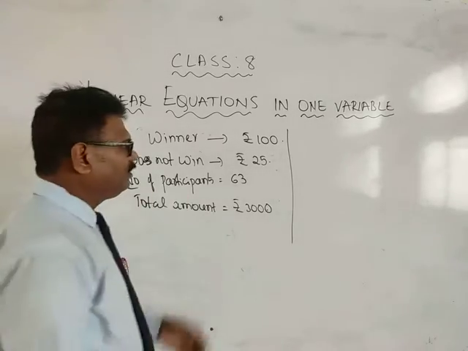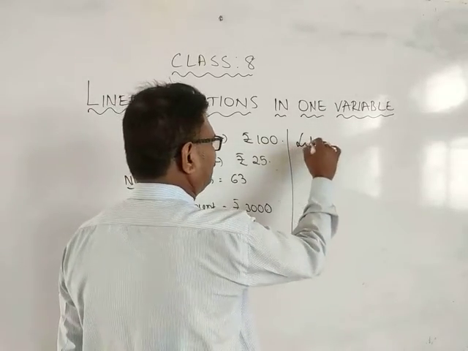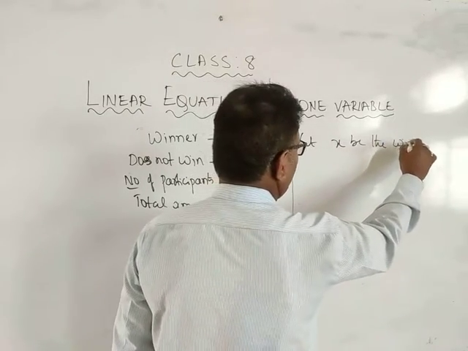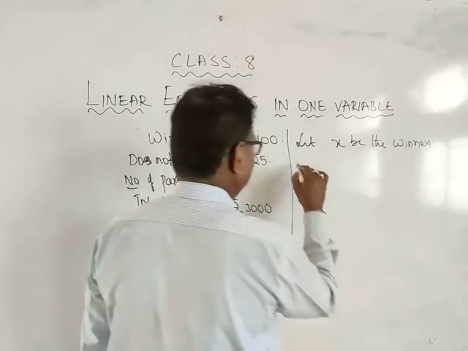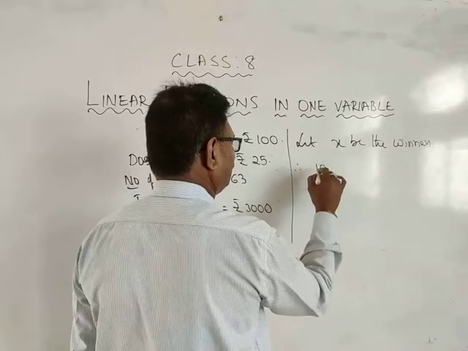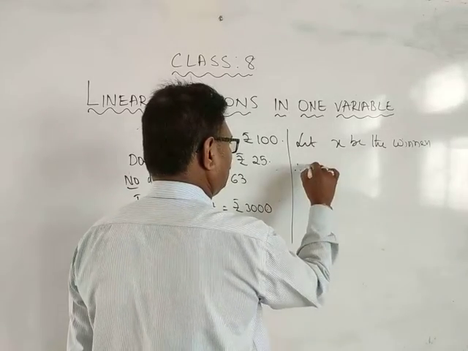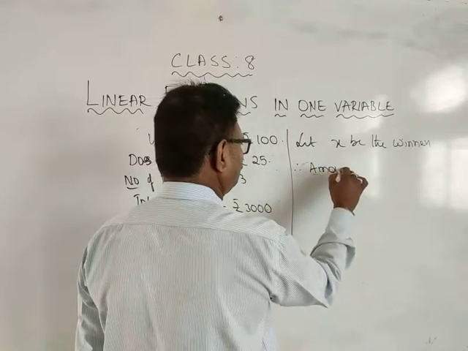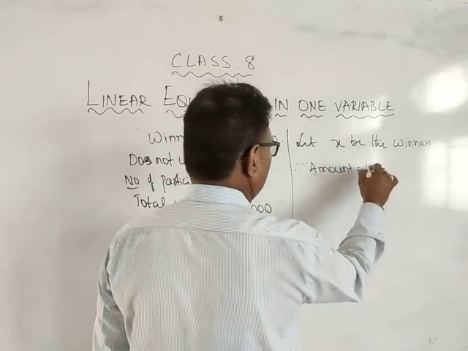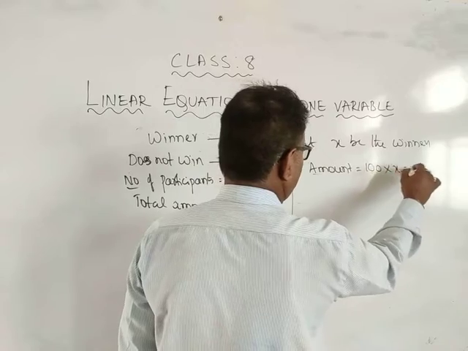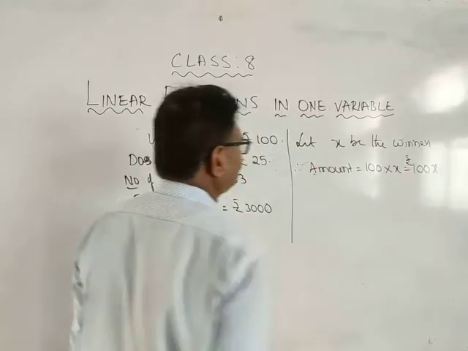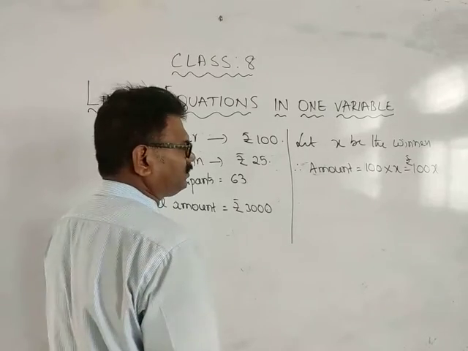Here very simple. We will think like, let X be the winners. Therefore what happened? Total amount is equal to 100 into X, which is 100X. Then what about losers?